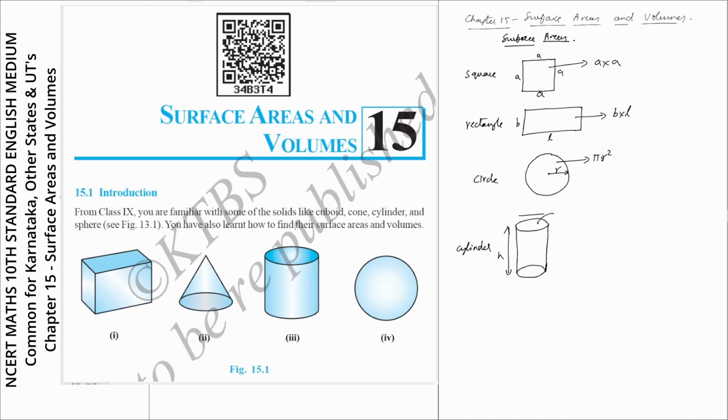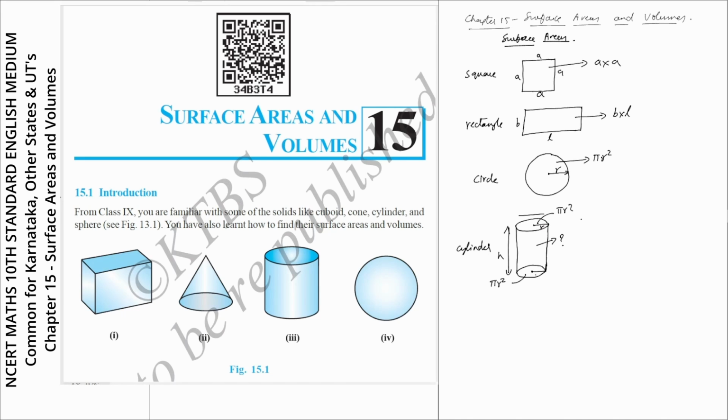If r is the radius, then the area of the top surface is pi r square. The area of the bottom surface is also pi r square, and the curved region also has some area. What is this area?